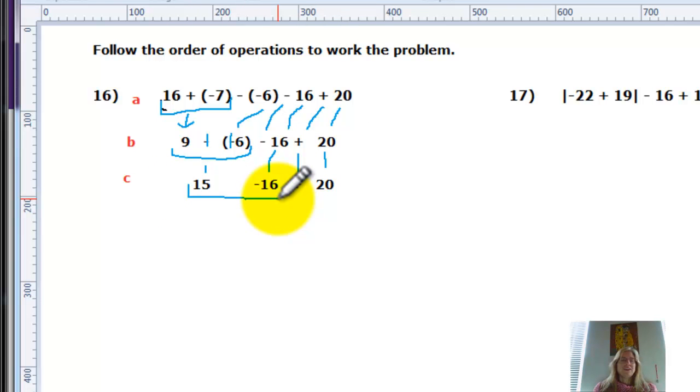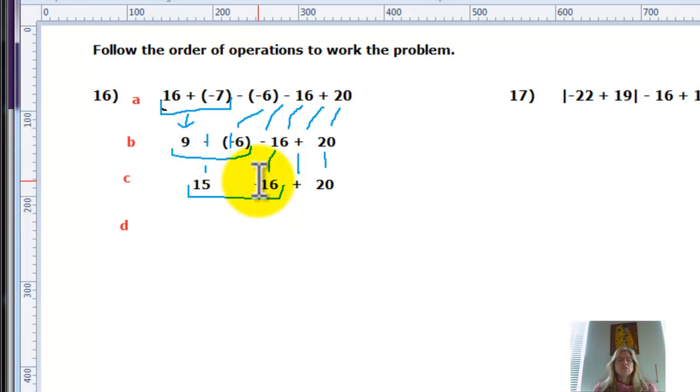In this situation now we have a 15 minus 16. So let's create our new line. That's line D. And we're going to solve 15 minus 16. Because 15 is smaller than 16, we're going to treat it like integers.